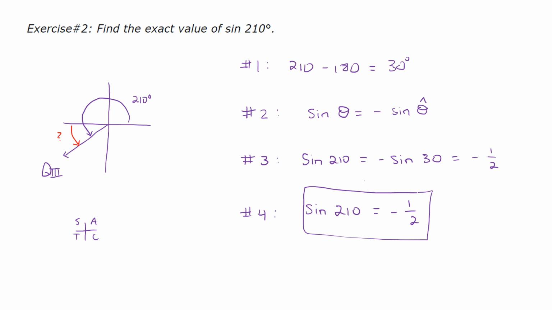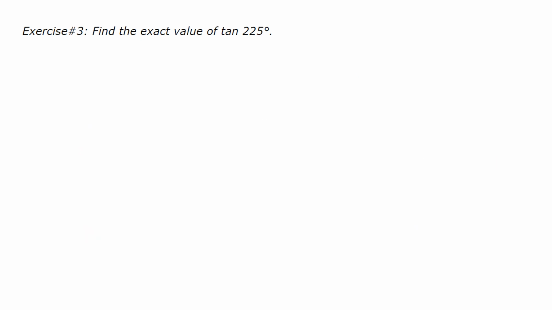And so these are the 4 steps that we're going to take in the next problem as well. We want to find the exact value of tan of 225. So let's identify what our angle looks like and what quadrant it stops in. 225 will land us again in the third quadrant.